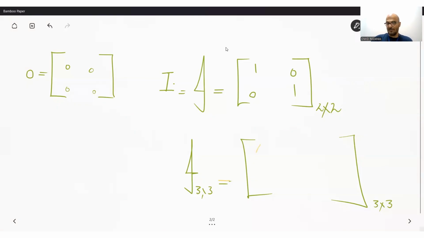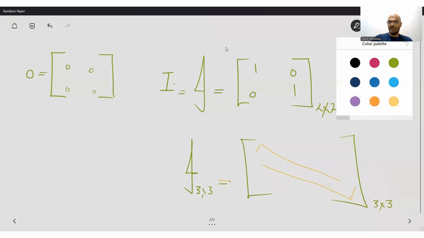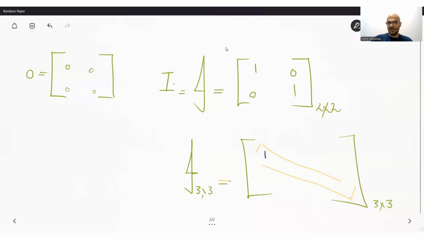Here every element is 1, 1, 1. All the other elements become 0. Now, this is a 3 by 3 matrix. All elements are 0 except the main diagonal, which is 1. Everywhere else you look, everything is 0, 0, 0, 0.